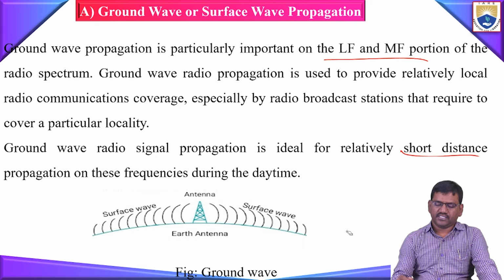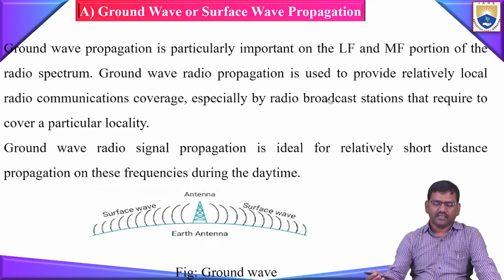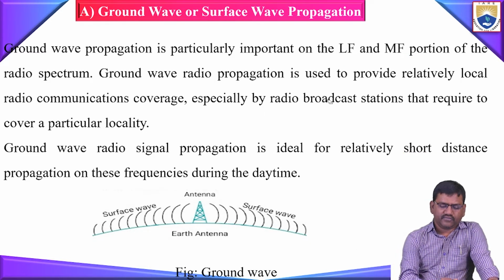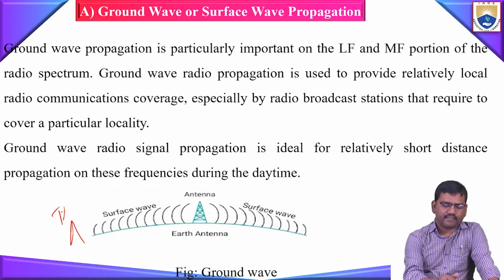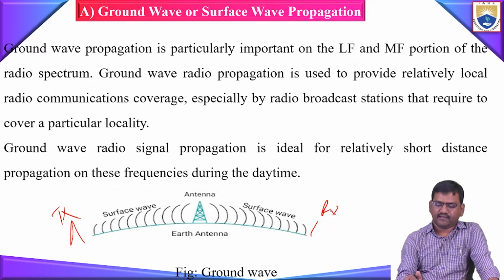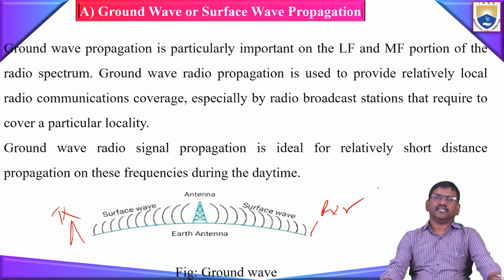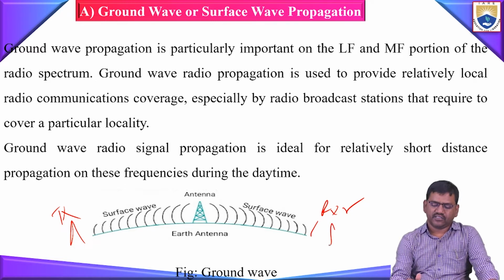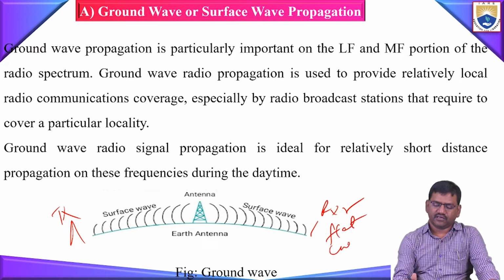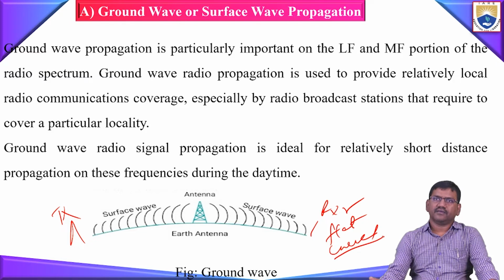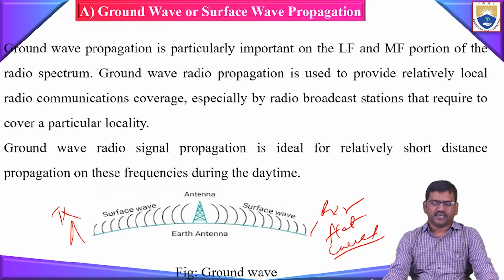As shown in the figure, suppose there is a transmitting antenna and a receiving antenna. The earth is never flat, it is curved. If the earth is curved, then what happens? The transmitting antenna transmits the signals over the surface of the earth.